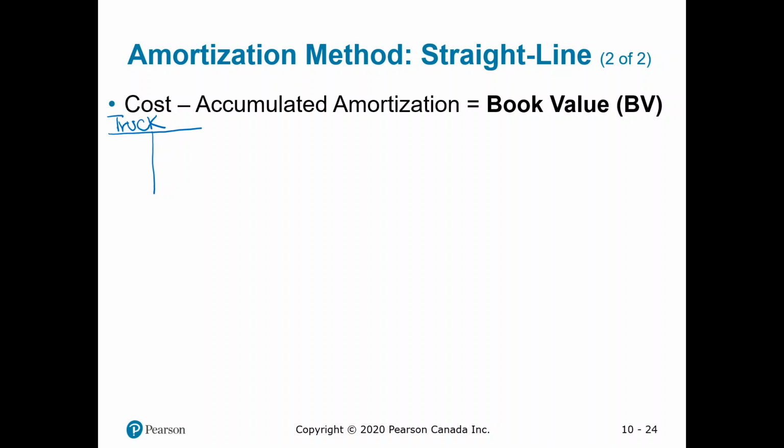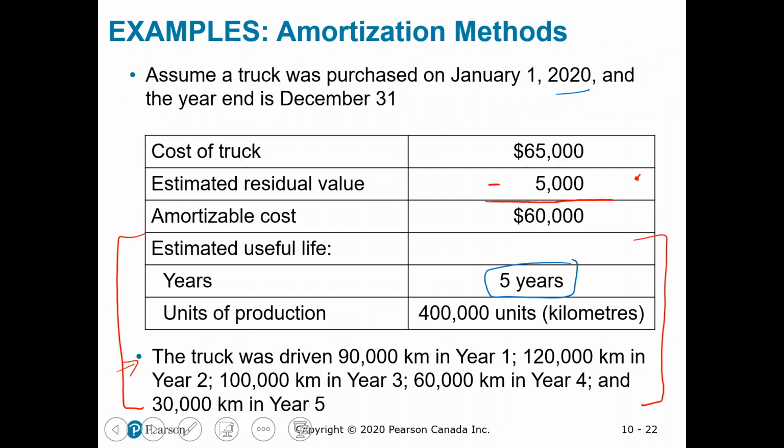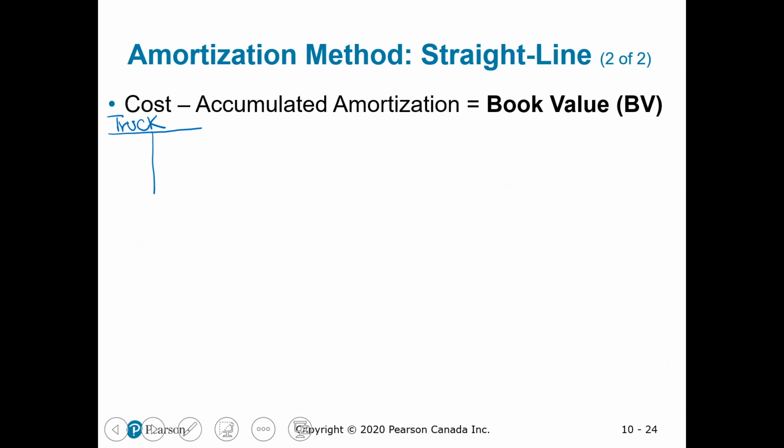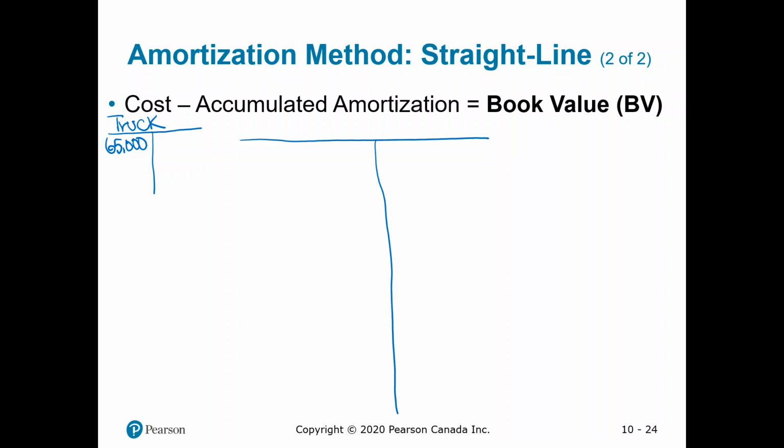We have our truck account, and we know from here it cost $65,000. So when we booked that purchase, we would have debited the truck for $65,000, credited cash. So at the purchase time, that truck is sitting there for $65,000. And now we're also going to track the accumulated amortization for the truck.